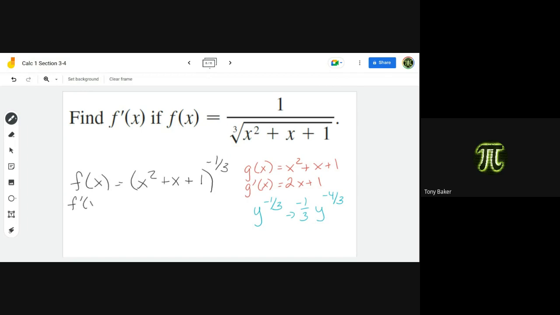So f prime of x, 2x plus 1, negative 1/3, x squared plus x plus 1, so the negative 4/3 power.